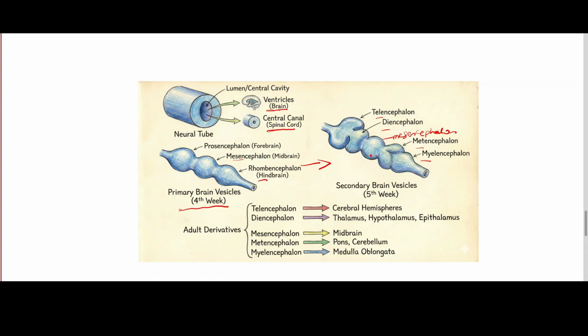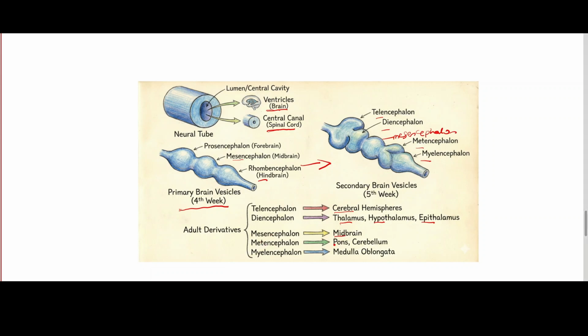Now let's look at the adult derivatives of the brain vesicles. Each secondary vesicle develops into specific adult brain structures. The telencephalon eventually becomes cerebral hemispheres. The diencephalon becomes the thalamus, the hypothalamus, and the epithalamus. The mesencephalon remains as the midbrain.